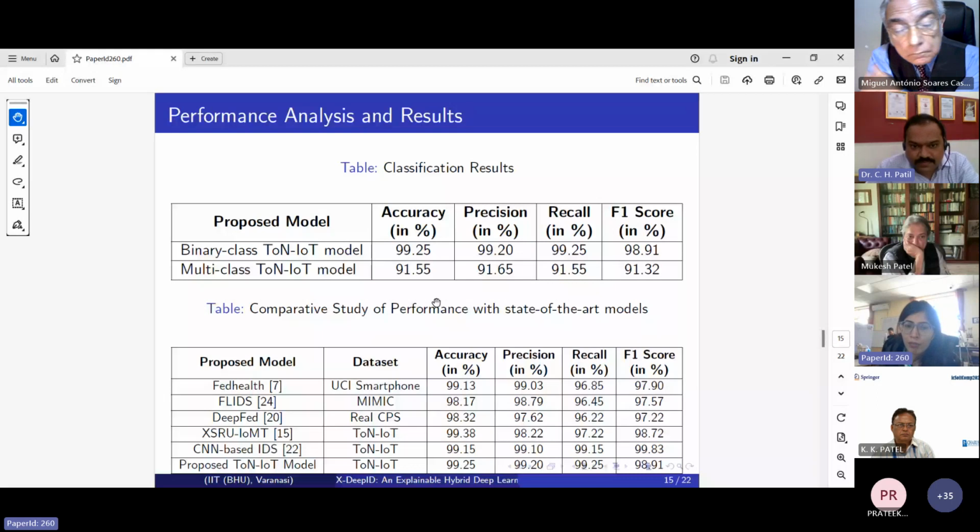Basically, we have combined local and global features. In the earlier models, they have taken global features only, but we have taken both local and global features by using the Shapley and LIME values. Okay, and in the parameter of accuracy, for binary class you reported 99.25, for multi-class it is 91.55. Why is there such a huge gap between 91 and 99?